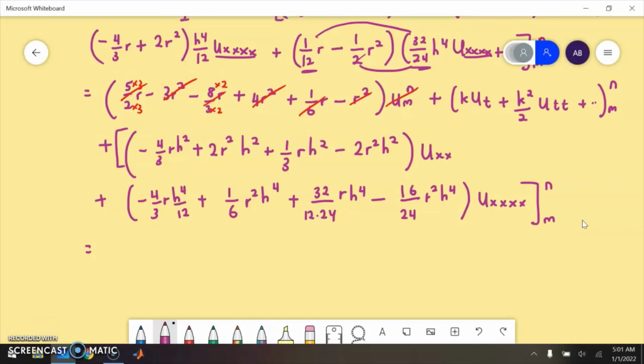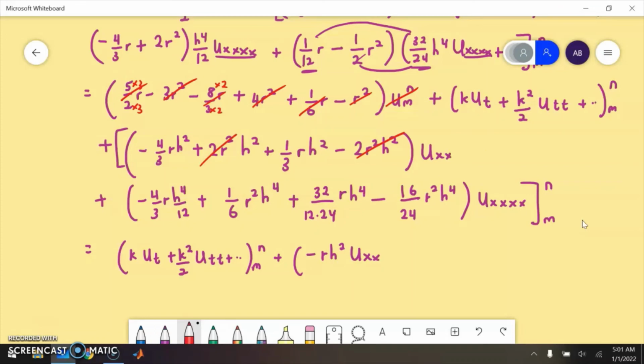That leaves you with the terms involving t, k ut plus k squared over 2 utt. Now let's look at the term for the x derivative. This term cancels out. Negative 4 over 3 r plus 1 over 3. So I have negative r h squared uxx.